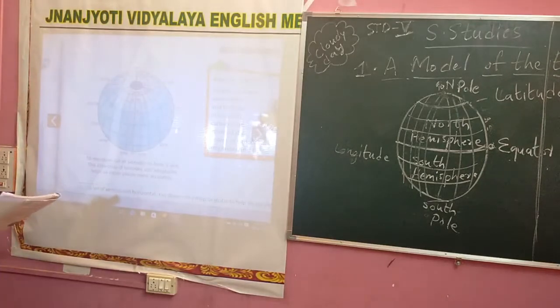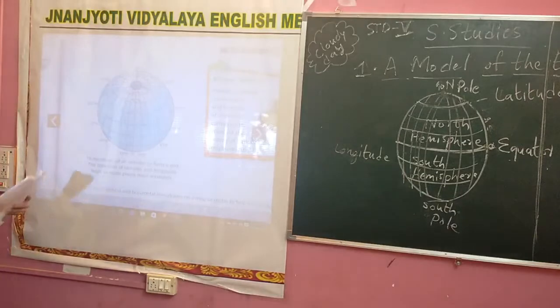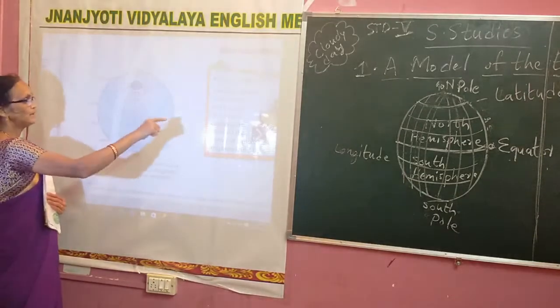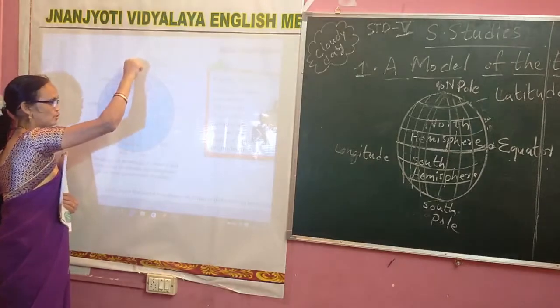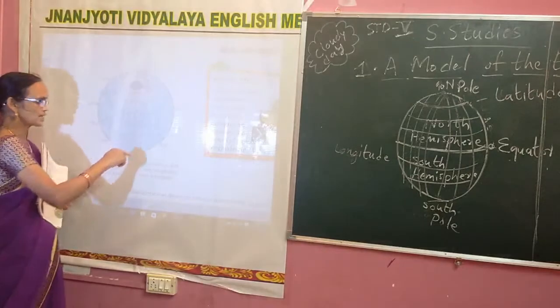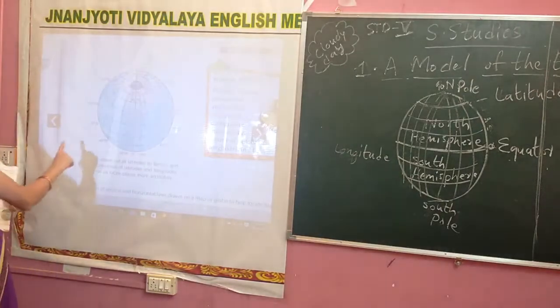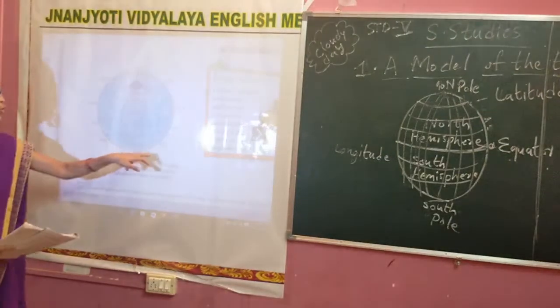The meridians are also imaginary lines numbered from 0 to 180. As in the latitudes we found 0 to 90 degree to the north and 90 degree to the south, likewise the longitudes start from 0 to 180.